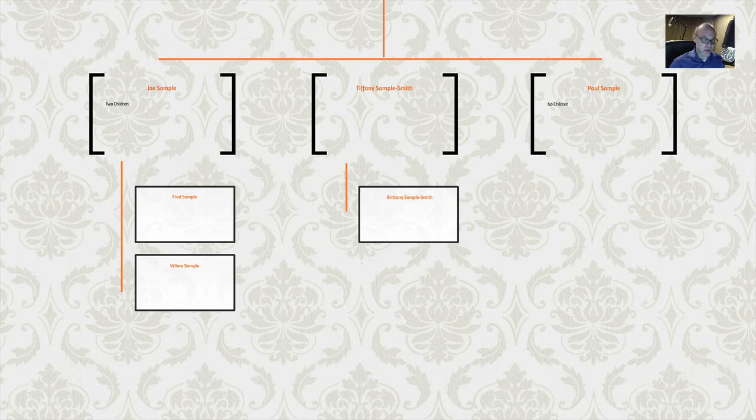In most cases, when the second spouse dies, the surviving spouse wants the estate to pass equally to the children. Now, we talked about specific distributions, but in our example, she intends her 3 children, Joe, Tiffany, and Paul, to inherit equally.